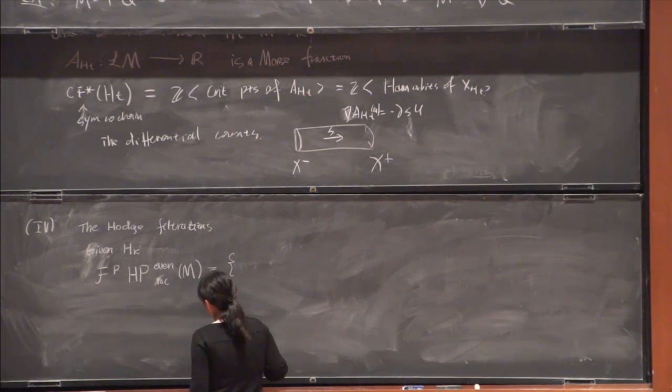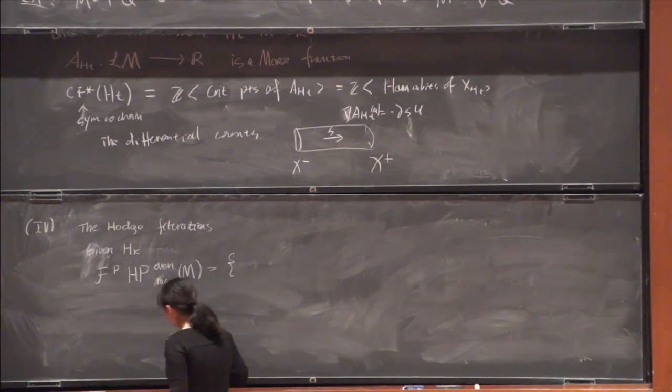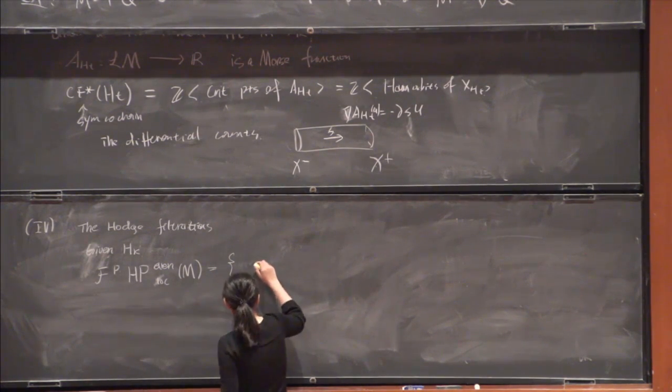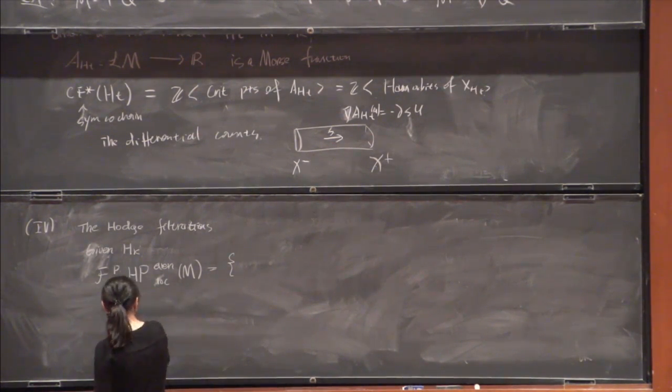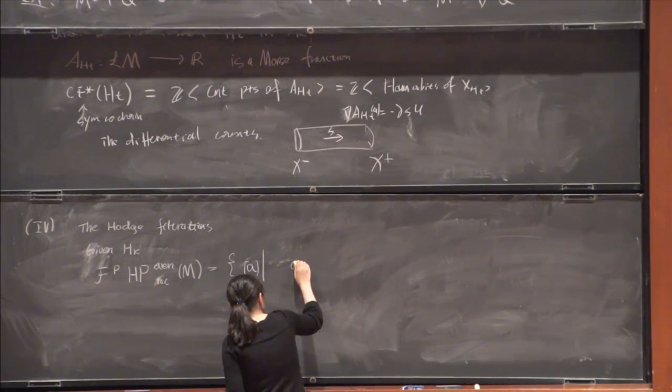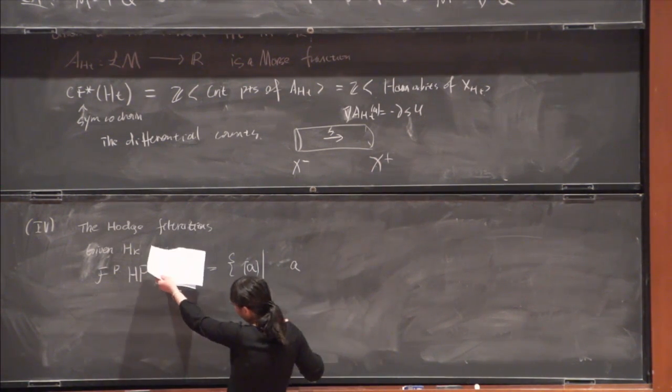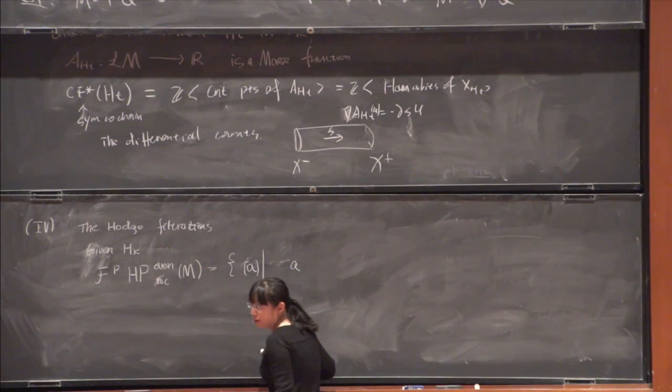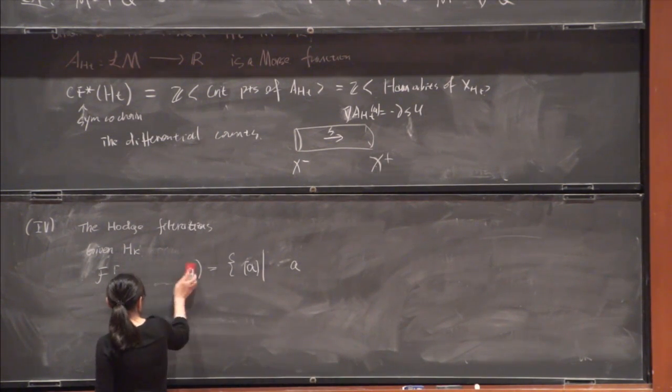okay. So this filtration, what is that? It's all the classes, so that on chain level, so this is really a filtration on chain level that's induced on the homology. Sorry, maybe let me do it this way.